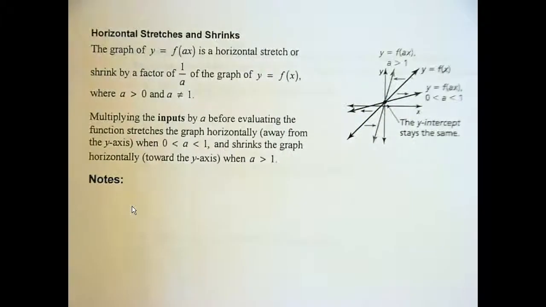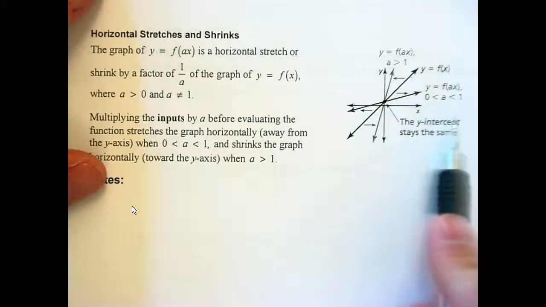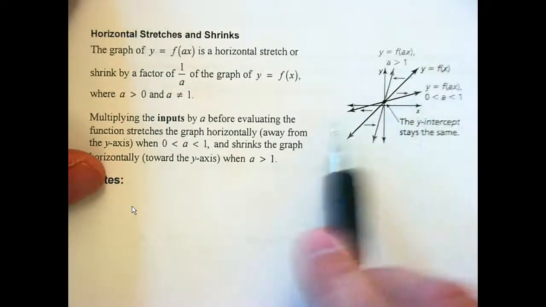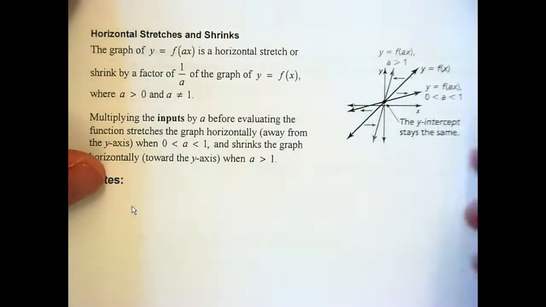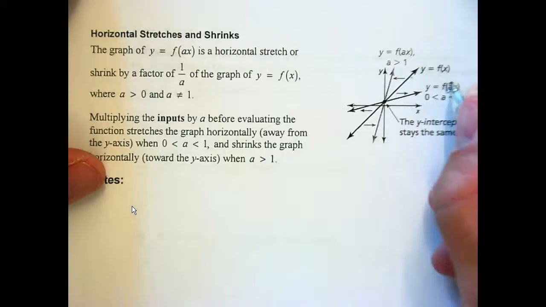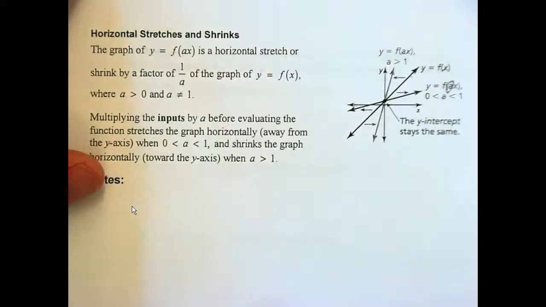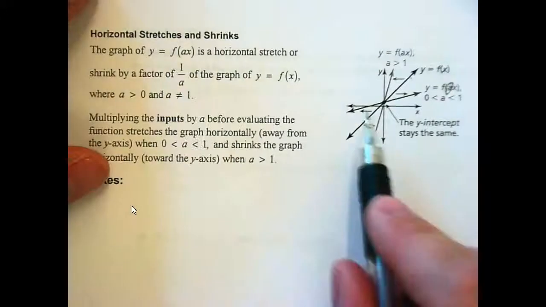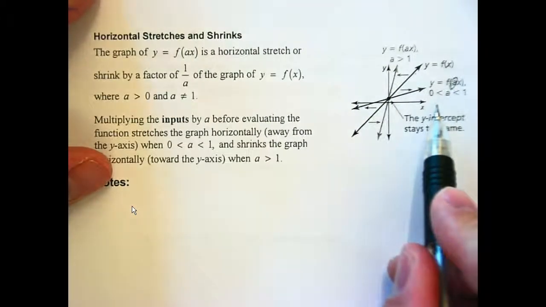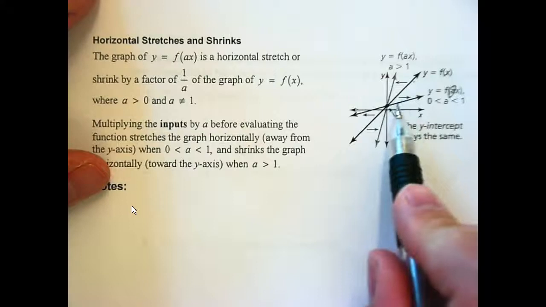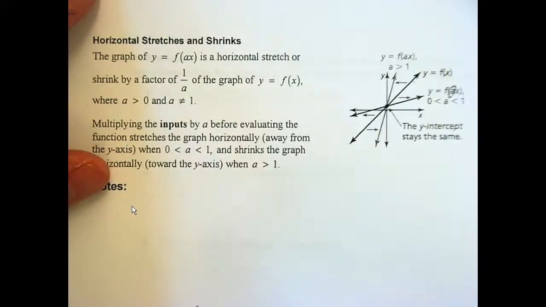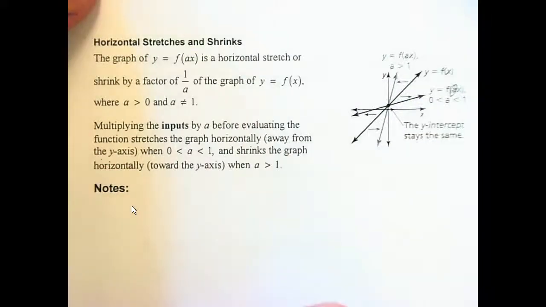When you are moving things left or right on the x-axis, when you are stretching or shrinking by a factor of a, okay? And it's counterintuitive. Like when we move to the right, we are subtracting. Well, when you are stretching something, you are actually multiplying.